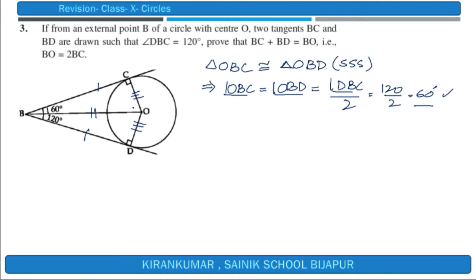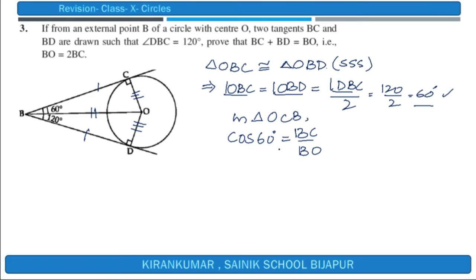Now you look at the radius. The radius is making a right angle, so in a right angle triangle I can make use of the Pythagoras theorem. If I consider cos of 60 degrees, we get the adjacent side BC upon the hypotenuse BO, that is in the triangle OCB.